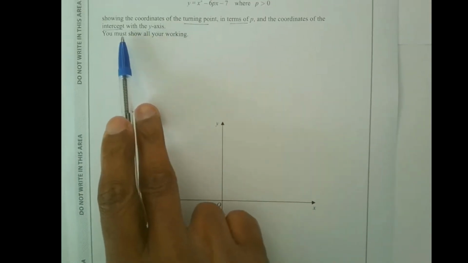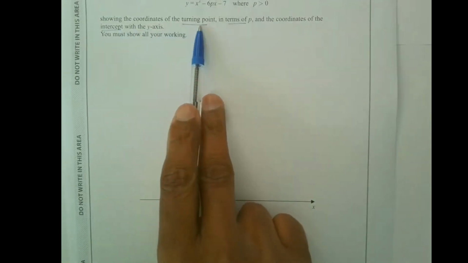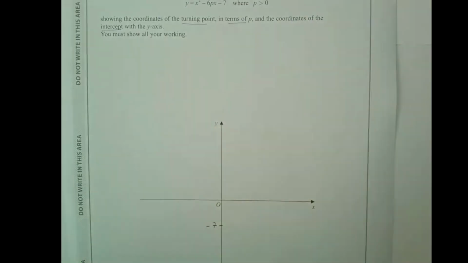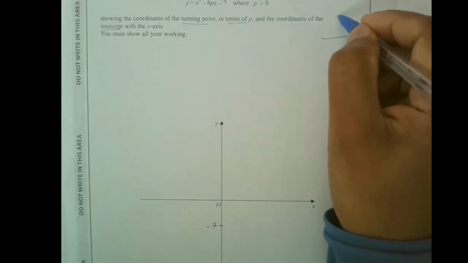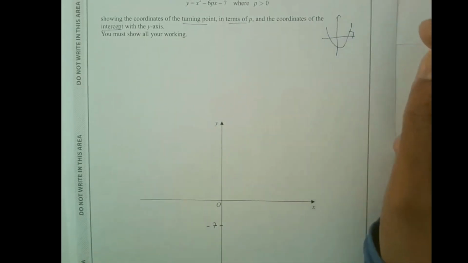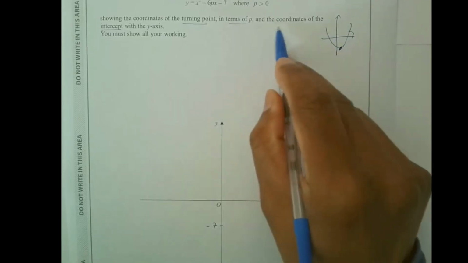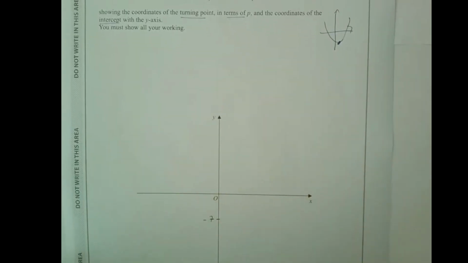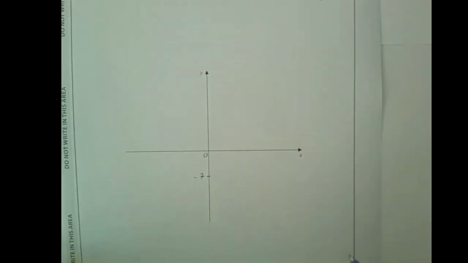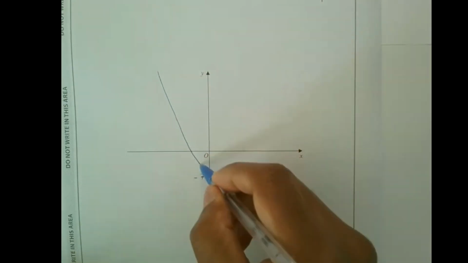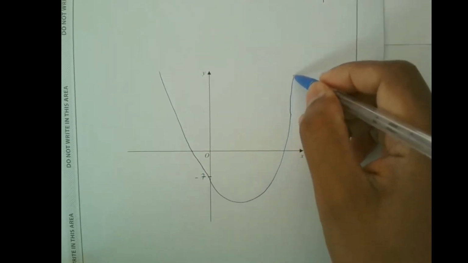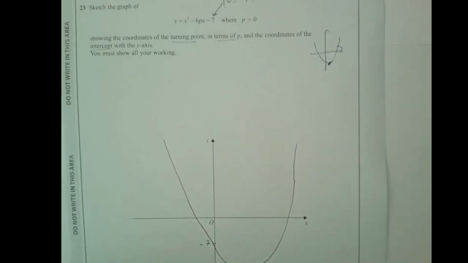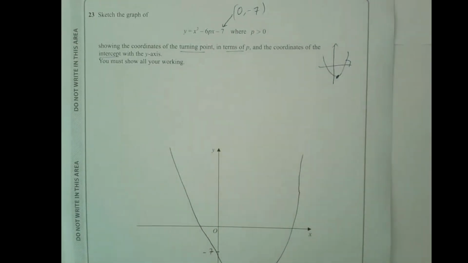Just reading the question again: showing the coordinates of the turning point and the coordinates of the intercept with the y-axis. So for this question, I just need to have done this part. That's a quadratic, and I just need to show my turning point there. So I've done the first part.